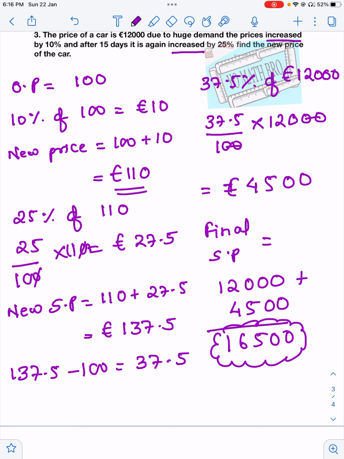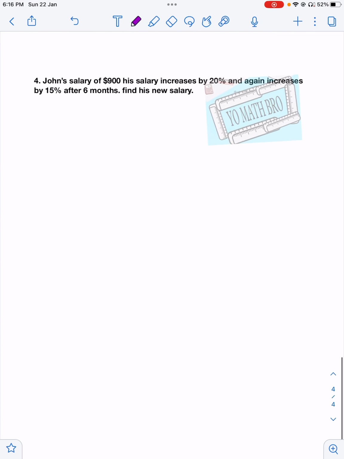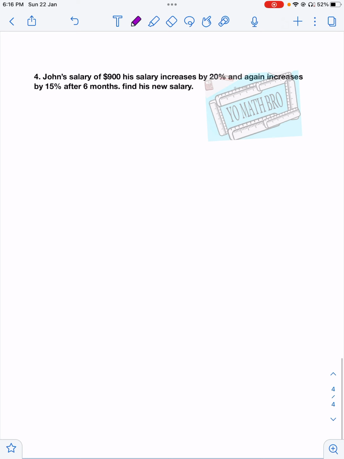Let us move to the next question. John's salary is $900. His salary increased by 20%, and again due to a project it was increased by 15% after 6 months. They are asking the new salary. No issues. Let the original price be $100.